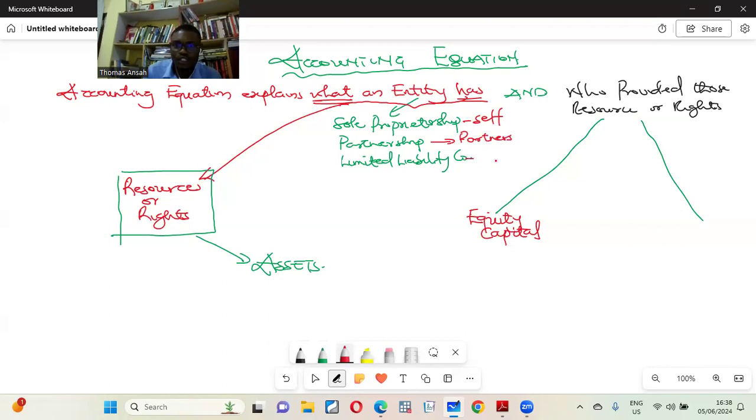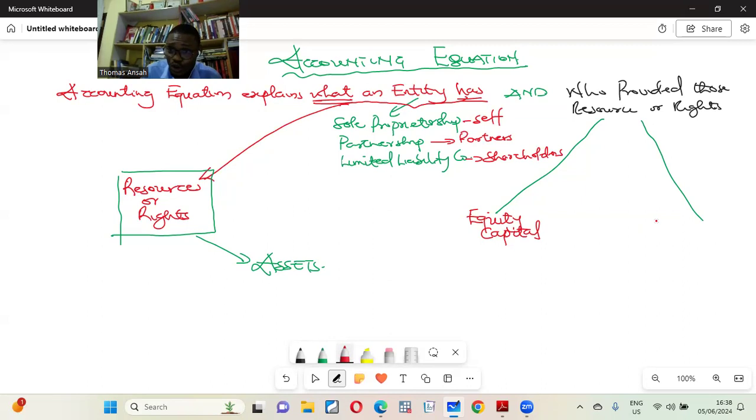If it is this one, is who? The shareholders. Your guess is as good as mine. So if these people provide the resources, then it means that we can categorize them as what? Equity. All right. That is that. Equity. Okay. But if the resources are provided by people that are not the owners of the business, then it means we are going to get it from those who are not the owners of the business.